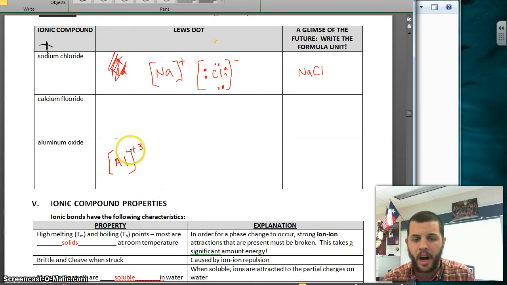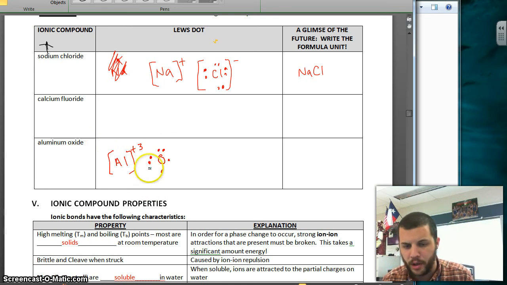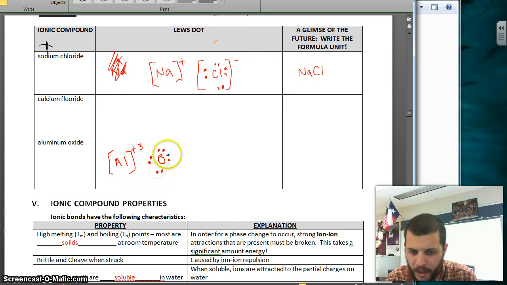Okay? Oxygen, let's take a look there. It's in group 16, so it's going to have 1, 2, 3, 4, 5, 6 valence electrons. So it's going to gain 2 electrons. So we're going to give it 1, 2 electrons. So since I gained 2 electrons, now my charge is -2.